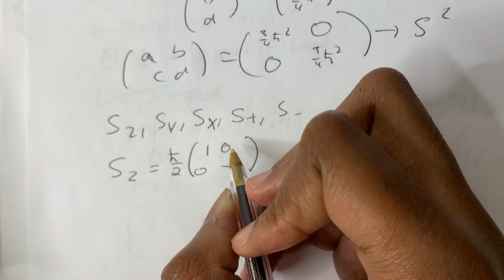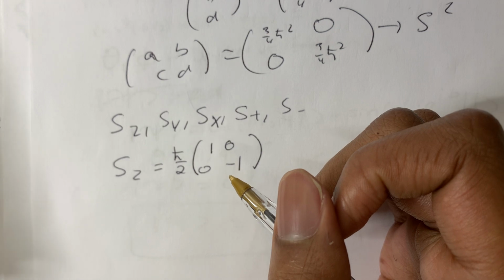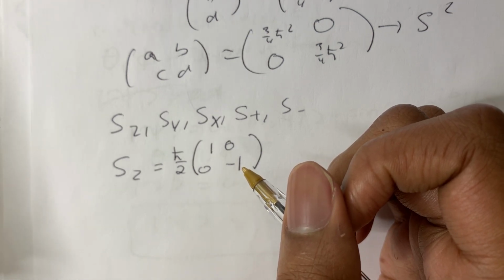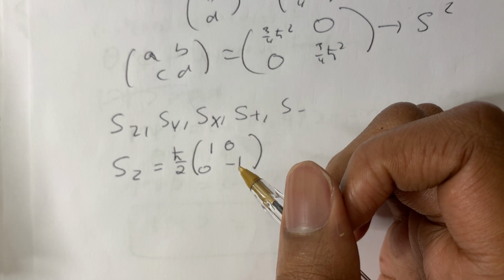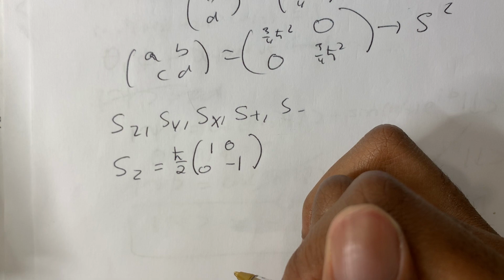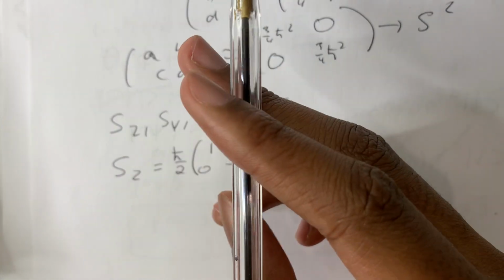Alright. And if we can remember, what was the operation of Sz? Trying to find what Sz was. Like, here's Sz, but what operation do we use?